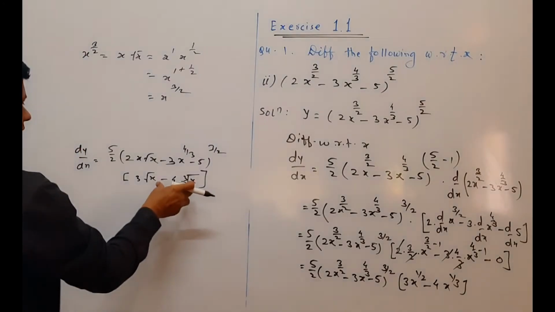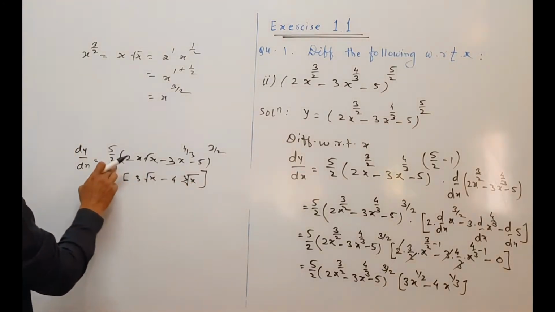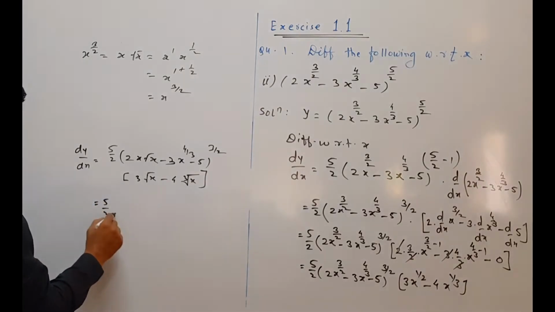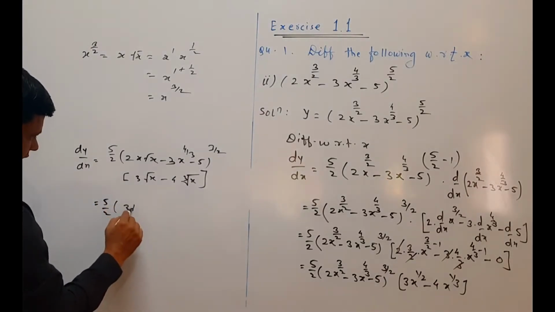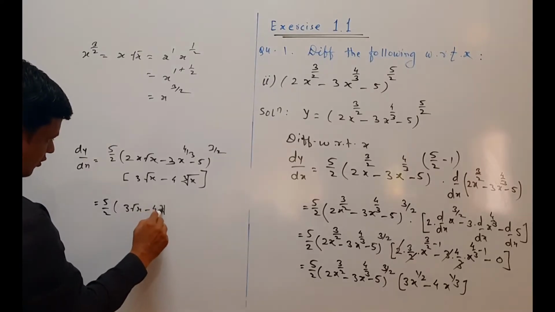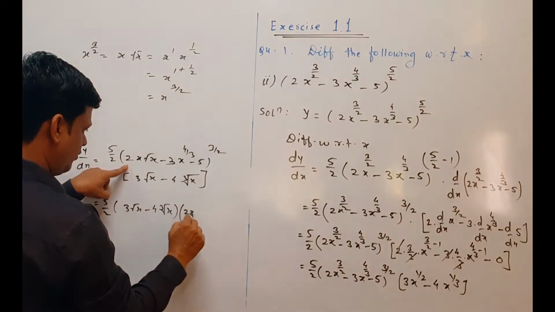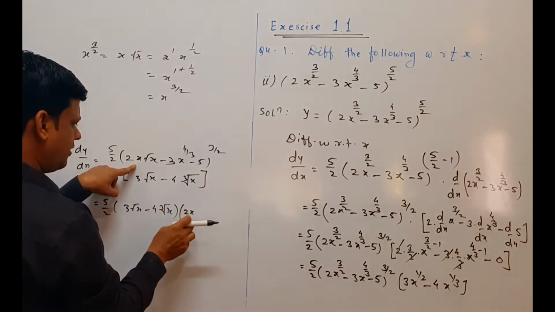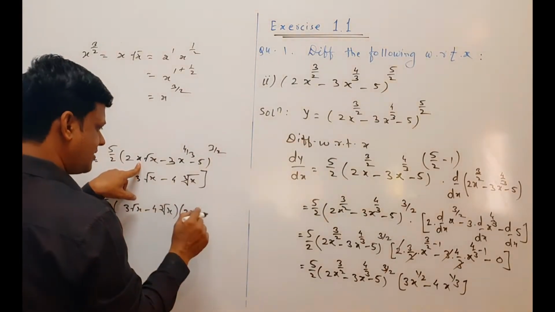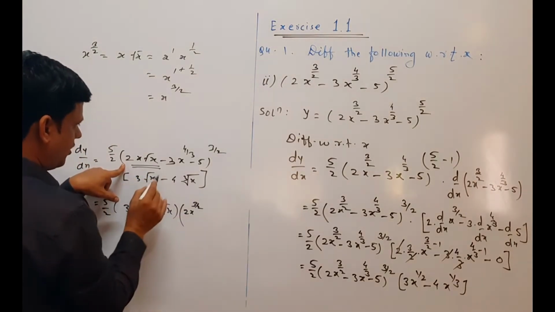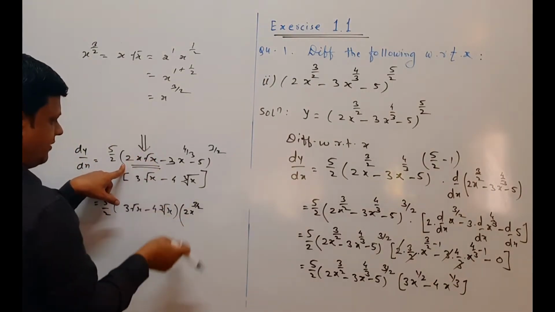So you can write this second term at second position. So we write this as 5 by 2 into 3 root x minus 4 cube root of x into this bracket 2x root x, or you can put this x as 3 by 2 for your convenience or for your understanding. I write this step.